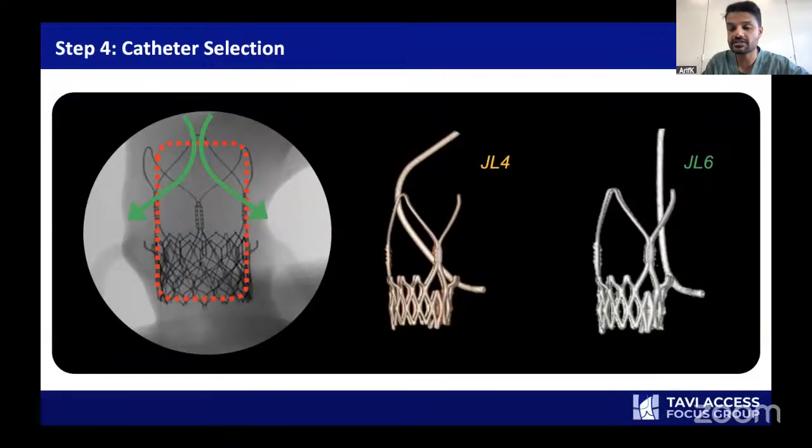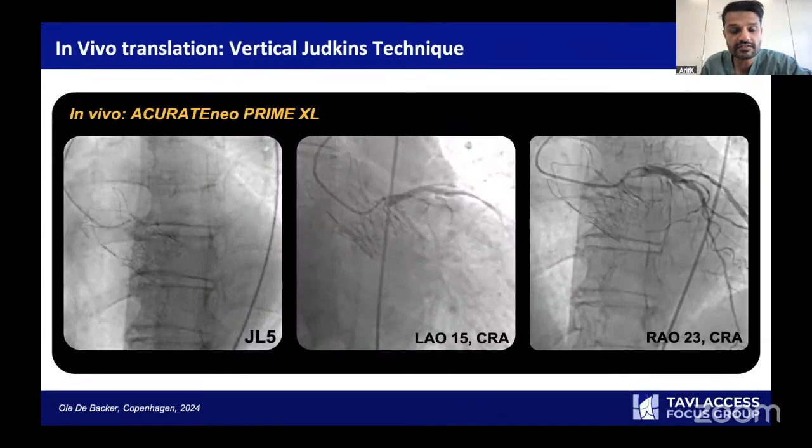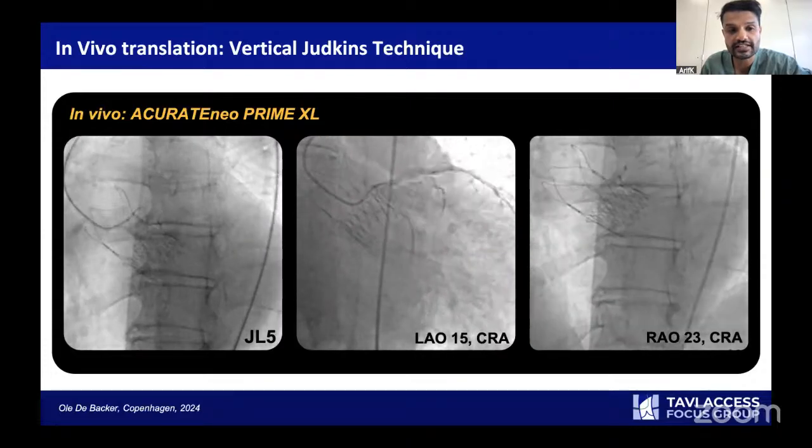But with the 6, you're using the gap between the primary and the secondary curve, not for its horizontality. So it's not like, we've got a dilated aorta, so I want to upsize my Judkins left from a 4, 5, or 6, but rather we're using that horizontal distance vertically to try to avoid the middle. And having done a lot of work in ex vivo bench testing, we're now starting to use this technique in vivo.